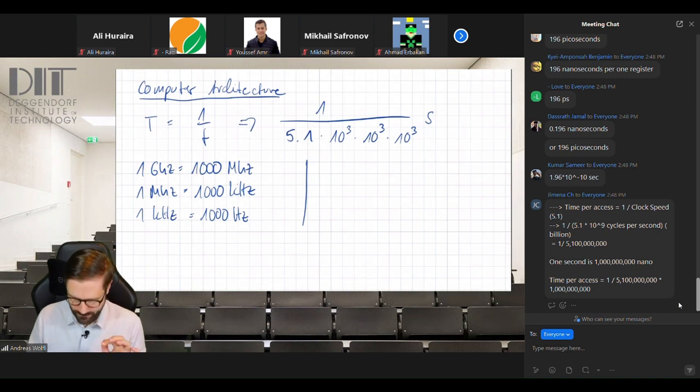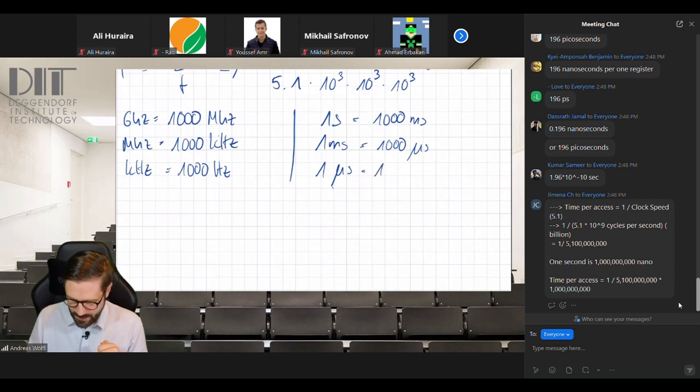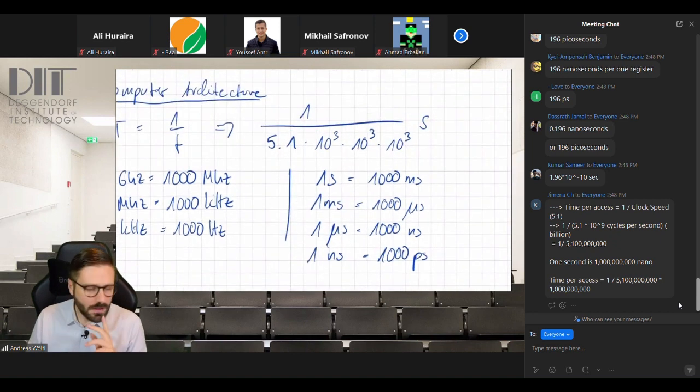For time, let me correct that. 1 second is 1000 milliseconds. 1 millisecond is 1000 microseconds. 1 microsecond is 1000 nanoseconds. And 1 nanosecond is 1000 picoseconds, right? And we do not get below the picoseconds.